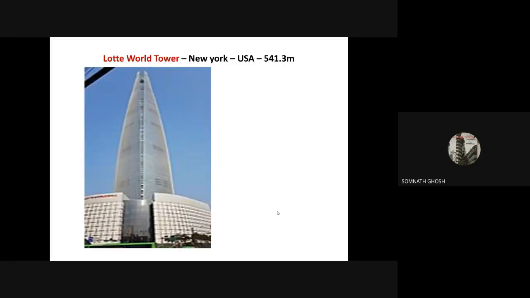This is Lotte World Tower, 541.3 meters. Again, the architecture is different. I am not going into the detail of why the architecture is different, what advantage they got out of it. Those things I'll be discussing in detail in my future lectures.